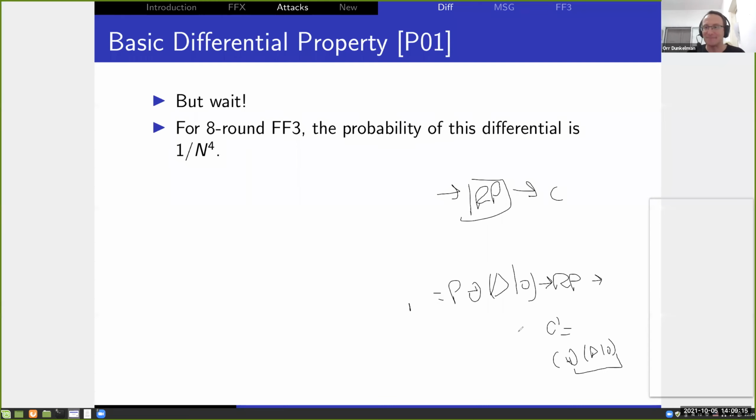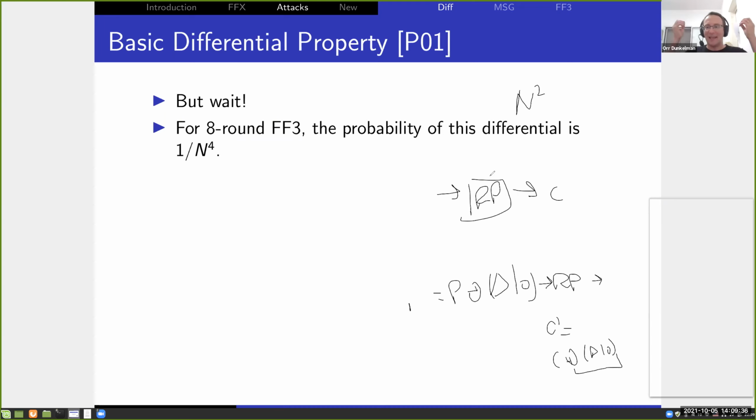I remind you the domain size is n squared. Yes, thank you, Carla.